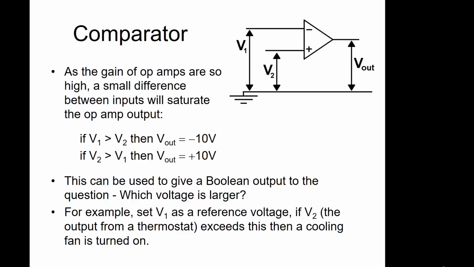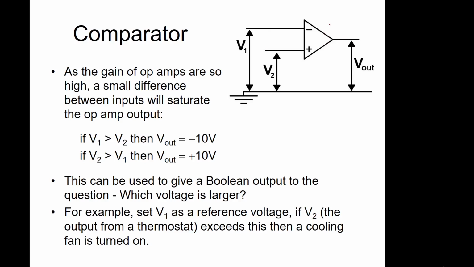So as I said, this is a very high gain amplifier. Whatever the difference is in the input voltages, the output is a magnification of that difference. The magnification is so high that even a very small difference on the input will saturate the output. The output cannot go any higher or lower than the supply voltage to the op-amp.